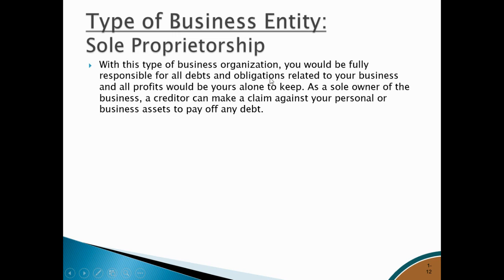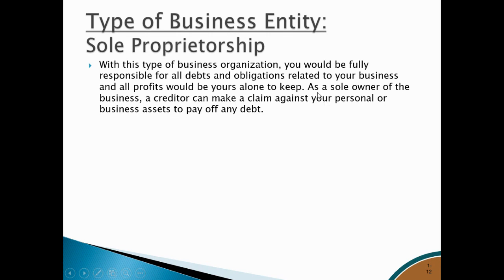As a single person who owns the company, you will be fully responsible for the company's debt and any obligation related to the business. And of course, the good thing is all profits will be yours alone to keep. You don't need to share with anyone.